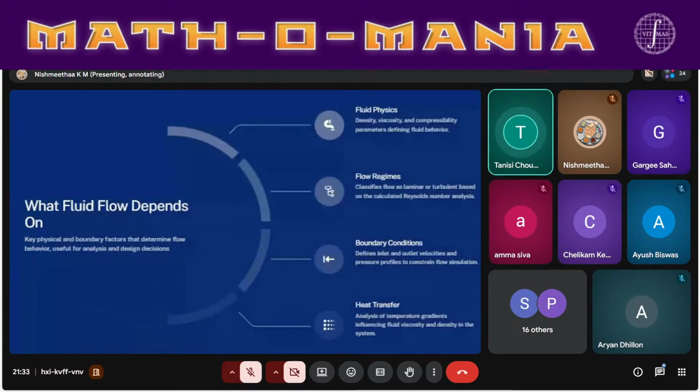Or the boundary conditions, like what are the conditions at the inlet, the outlet, or the walls, and heat transfer to analyze the temperature gradient over the various parts of the fluid flow, which influences the fluid viscosity. Next slide.